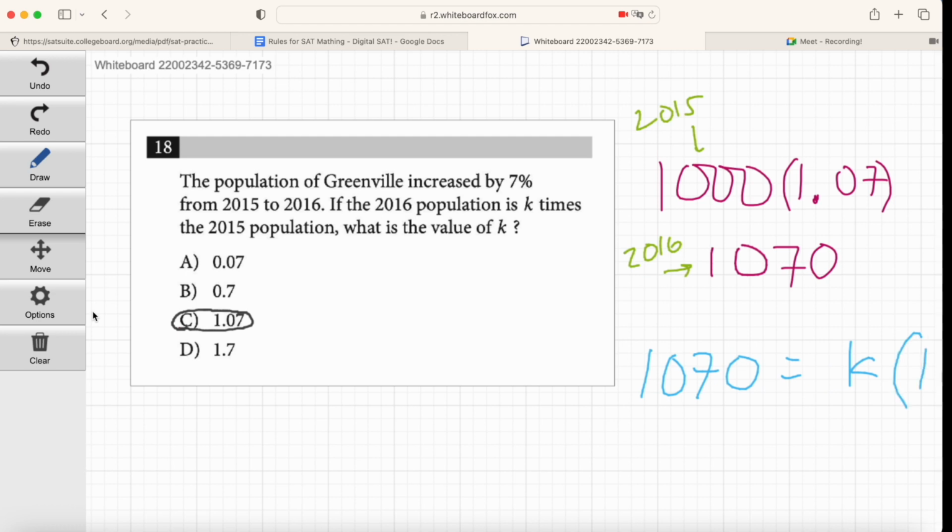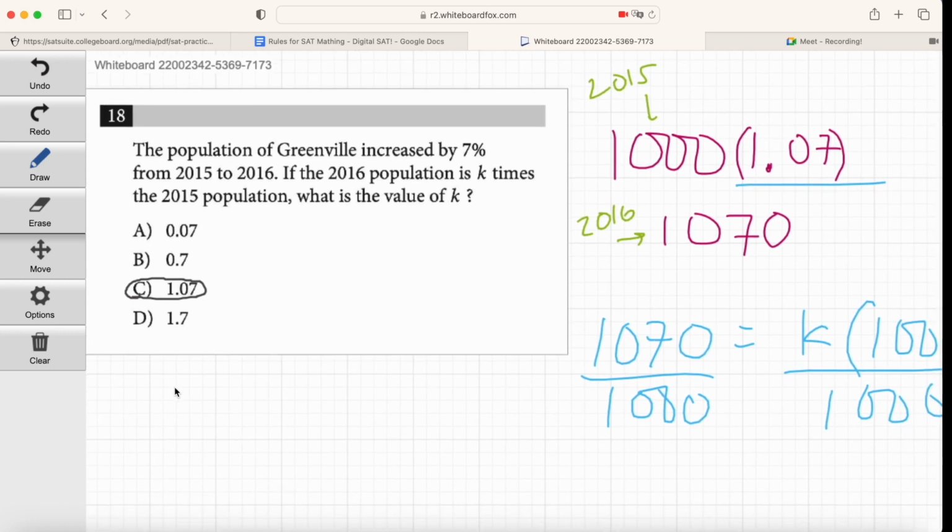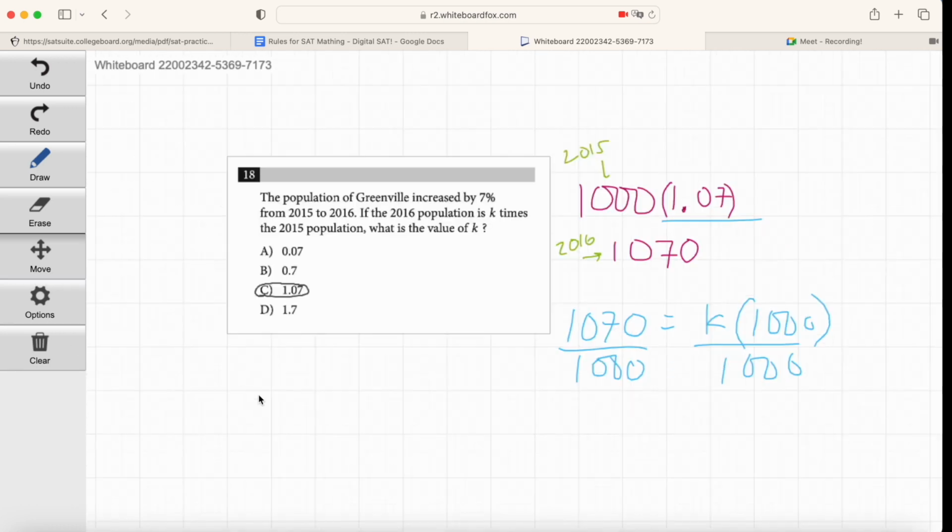And then you're just dividing by 1,000. Does that make sense? Where you can develop an equation and calculate it? Or you just look at it and be like, hey, we multiplied by 1.07, so the answer is probably 1.07. And that works too. You've got some options there.